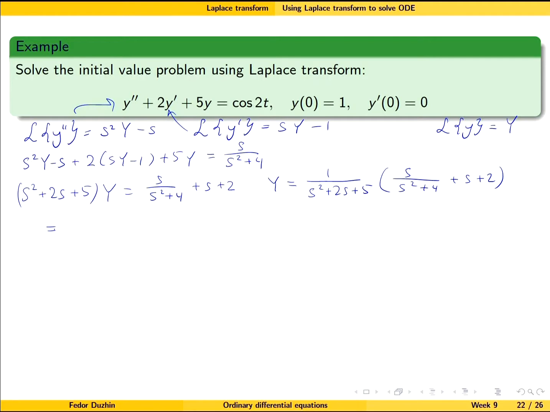But I'll just give you the answer, which you can get by just entering this expression into Wolfram Alpha. It'll give you partial fractions immediately.